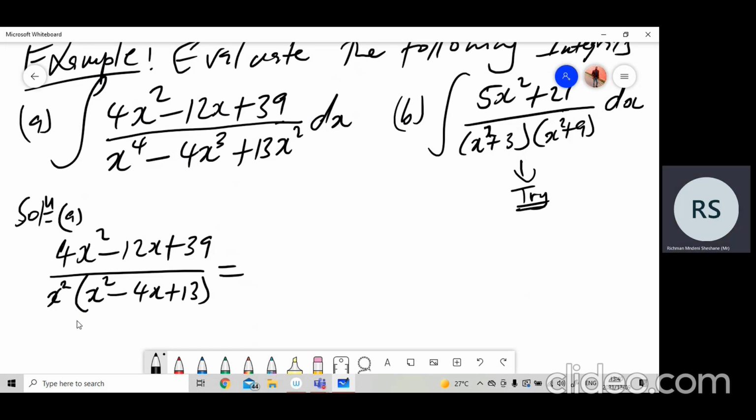So you need to factorize the denominator completely. Can you factorize this quadratic? Do you have factors of 13 that, if you multiply, you get 13, but when you add them or find the difference, you get minus 4x? No. So we can't factorize this quadratic.